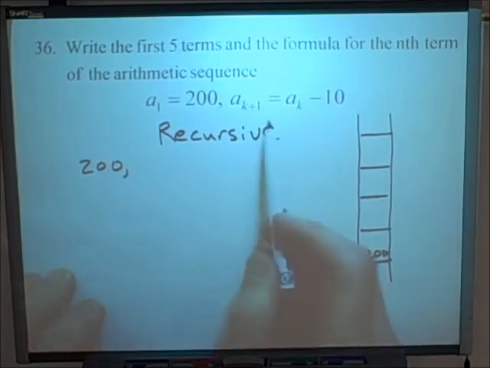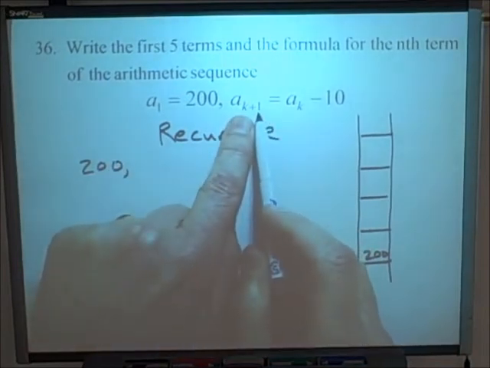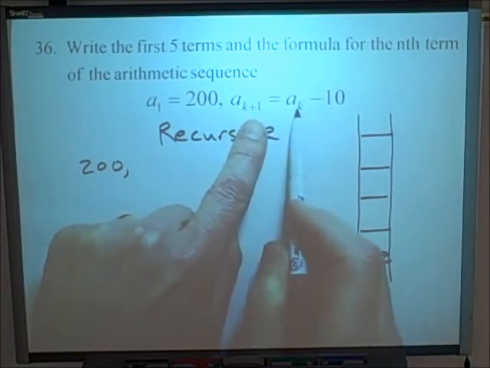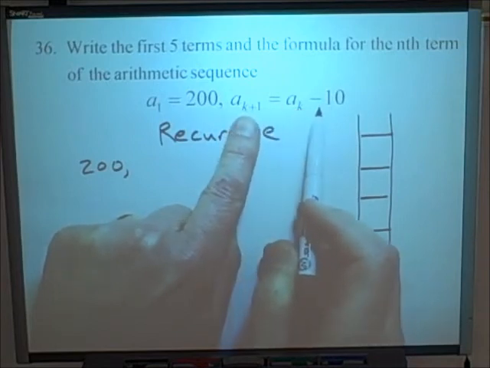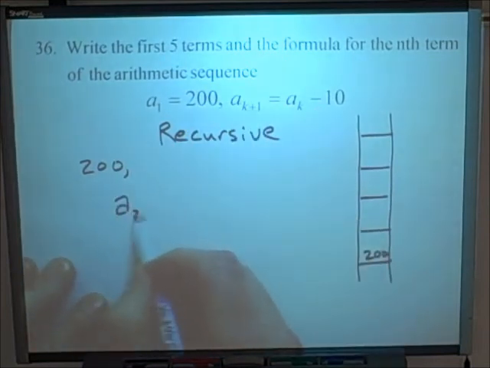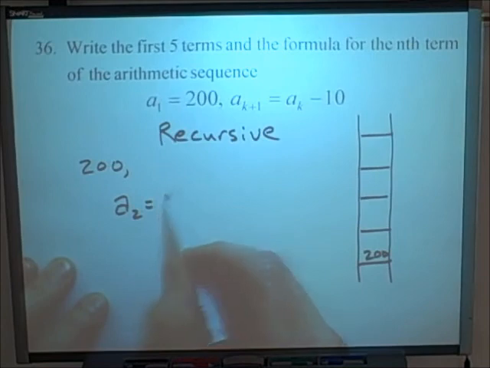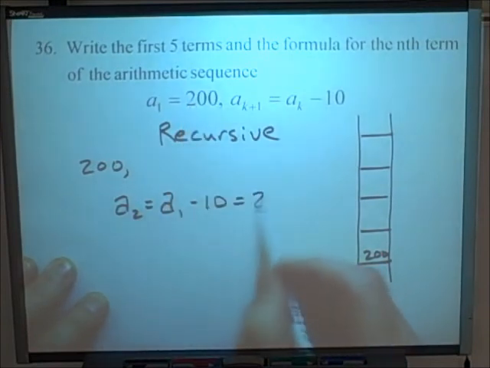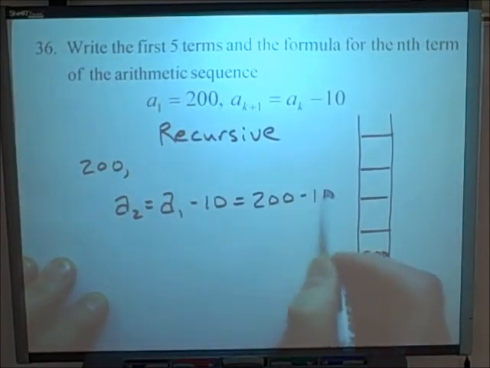So our first term is 200. This tells us that any step on the ladder is equal to the previous step minus 10. In algebraic form, that would be A2 equals A1 minus 10, or in this case, 200 minus 10.